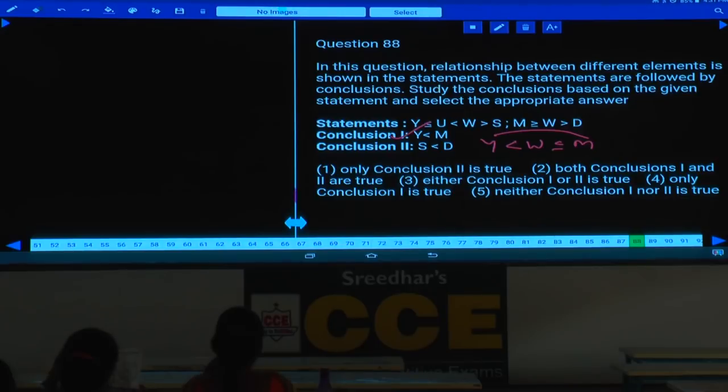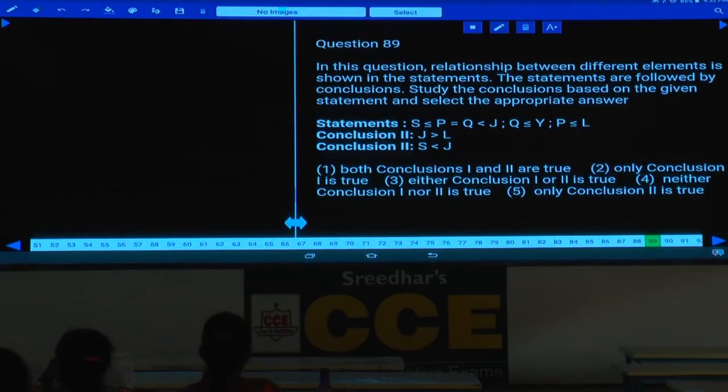Then coming to the next one, the relation between S and D. What is the letter which is common here? M is common, isn't it? W greater than D, and here W greater than S. As W greater than S, S lesser than W, isn't it? S lesser than W, W greater than D. Now between S and D, there is 1 lesser than, 1 greater than, no conclusion. Hence question number 88, only conclusion 1 is true, that is choice 4.